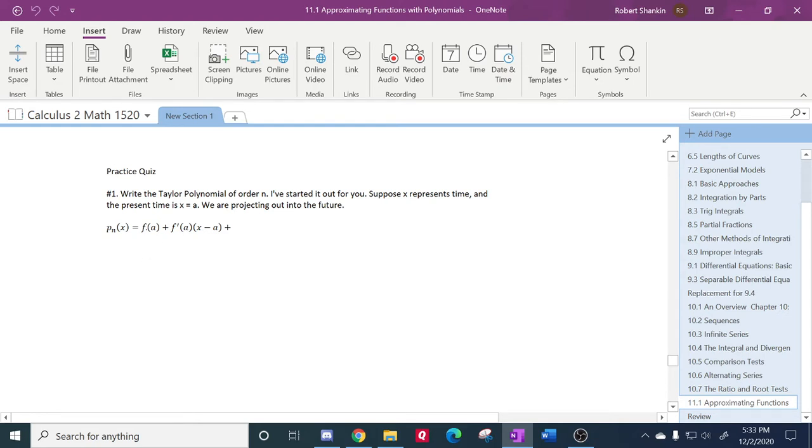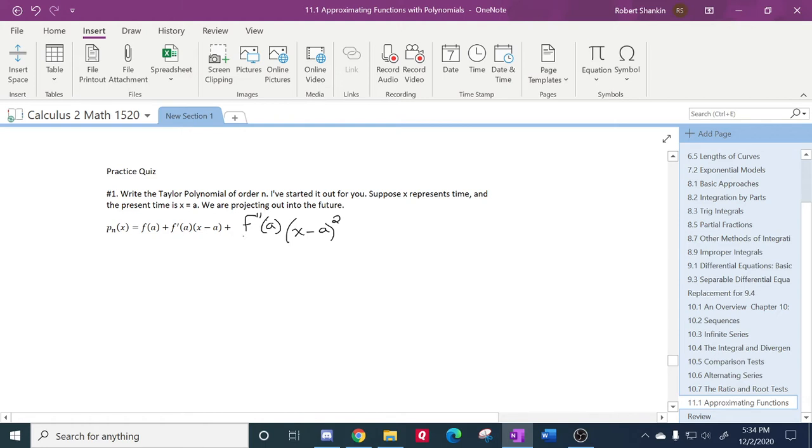This had no derivative. This is the first derivative. This is the second derivative. This is also going to have x minus a. And this had it to the 0th power, so you didn't have to write x minus a. This had it to the first power. This has it to the second power.